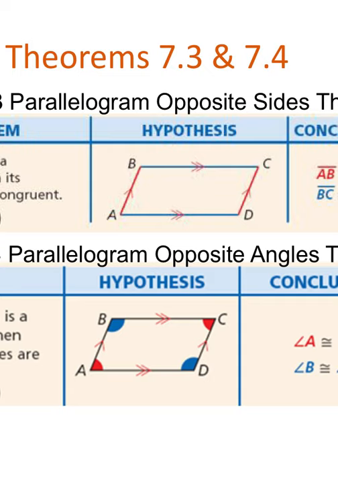Since they're parallel, they're opposite each other, they are also going to be the same length. That's the first theorem. There's 4 of them in total, okay? So for parallelograms, the opposite sides, the sides that are opposite each other, are congruent. They're the same length.